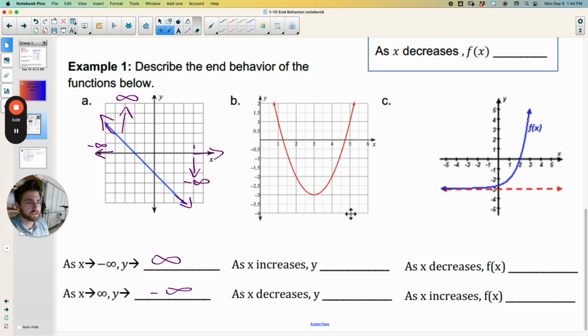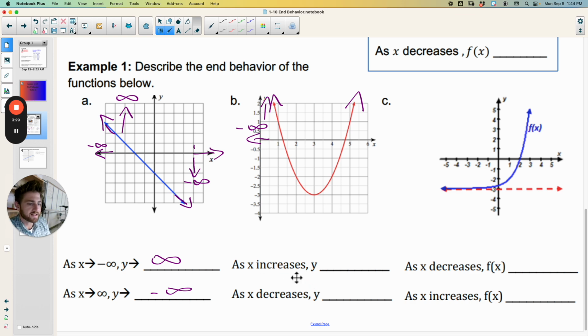Okay, let's look at b here. On b, we have a quadratic, and you can see that it's facing up. So as x goes to the left, as x goes to negative infinity, y is going up to positive infinity. Here they're asking us to put it in terms of increase versus decrease.